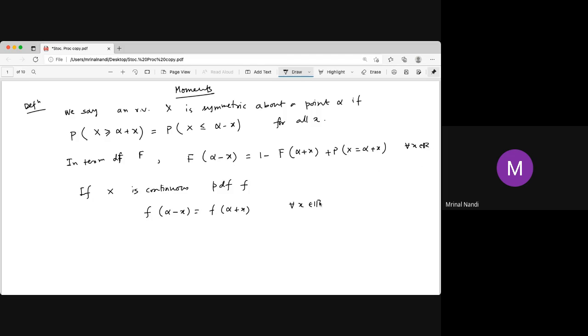So this is the definition of symmetricity, and alpha is called the center of symmetry.